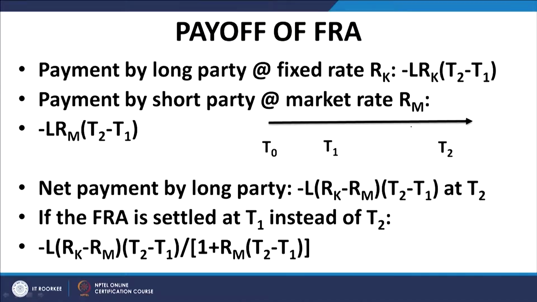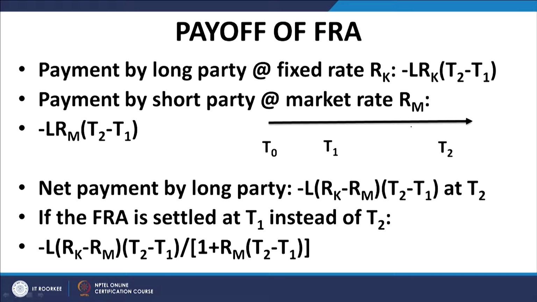So, the interest outflow from the perspective of the long party will be, minus sign indicates that it is an outflow, L RK (T2 minus T1), and the payment by the short party. Now, the short party's rate, let us call it the market rate RM, because it is the rate that is determined at the beginning of the loan disbursement, deemed disbursement, that is at T1, and that gives you L RM (T2 minus T1).